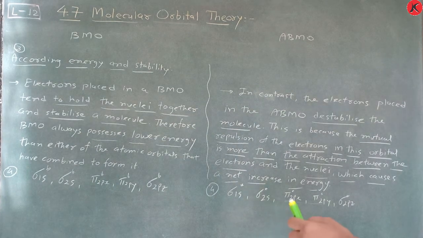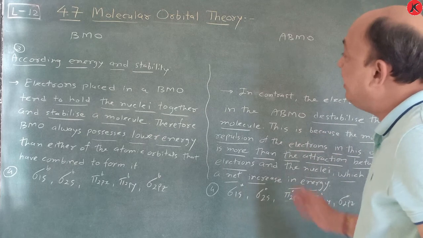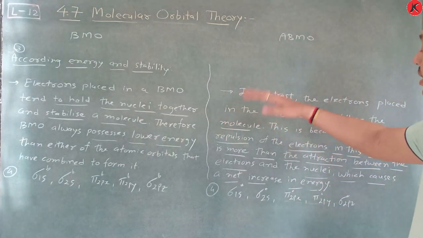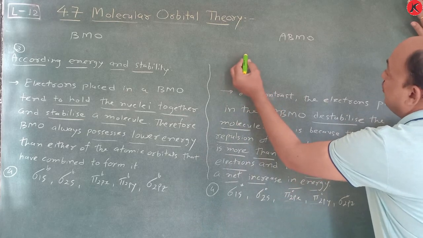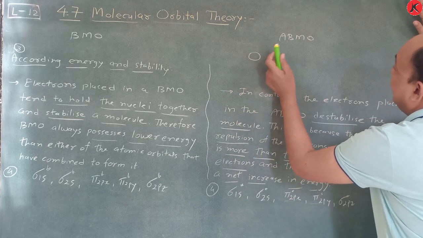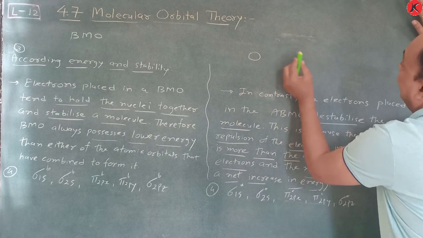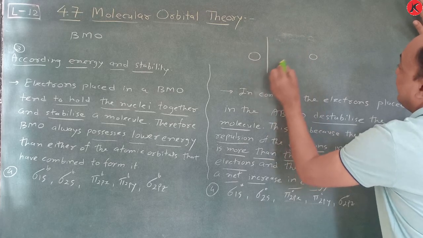Now the last topic is energy and bonding, lower energy and parent. That I will explain here with the help of one particular point. You know this one: here a 1s orbital is there. Suppose I draw it roughly here, and here another 1s orbital is there.